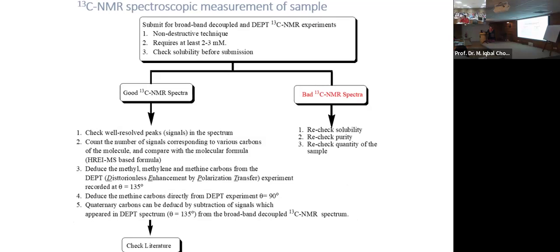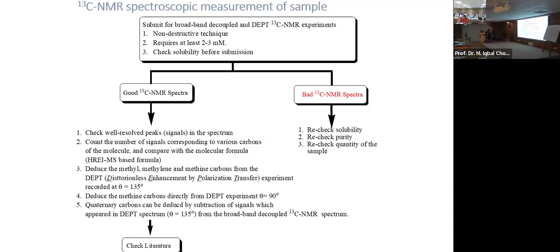Now you have the problematic one, C13, where the C13 nucleus is around 6,000 times less sensitive compared to proton. This is because of its gyromagnetic ratio, which is one quarter of the proton's, and its natural abundance, which is only 1.1%.